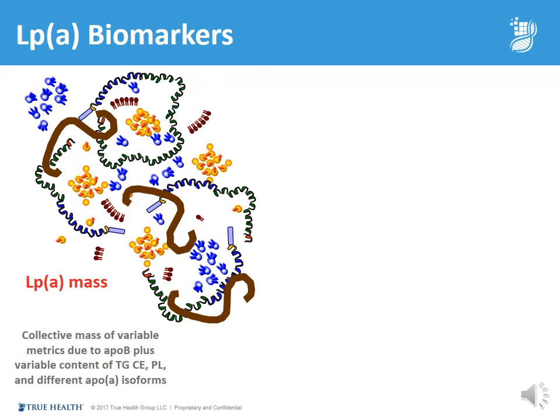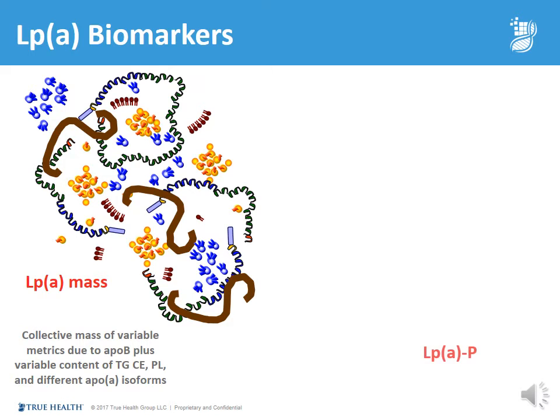On odd occasion, there can be other apoproteins on LDL particles, such as ApoC3 or ApoE. And there can be many, many other lipid moieties also. So LP little a mass is basically weighing all of those contributing factors. So it's a highly variable metric.